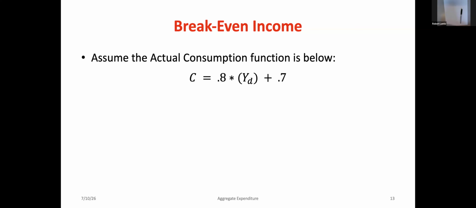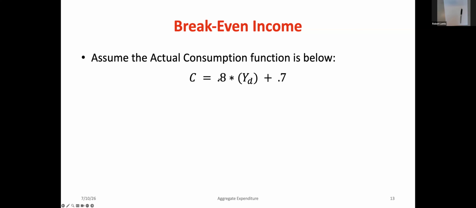Now, the general form: as my disposable income changes, the slope, the change in consumption from a change in disposable income, we said last class, is our marginal propensity to consume. The constant is the amount of spending we had to have if disposable income was 0. We're going to call this autonomous consumption. So in a consumption function, if I asked you in a quiz or an exam, what is the autonomous consumption?